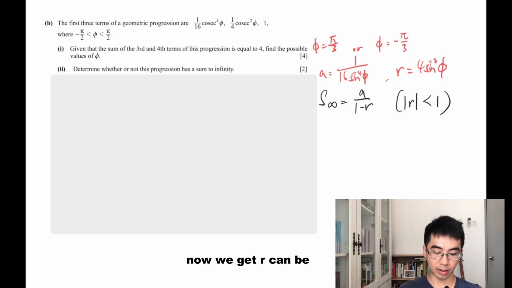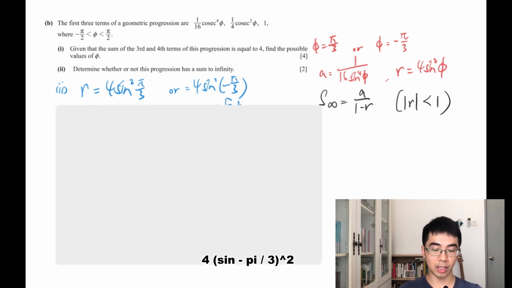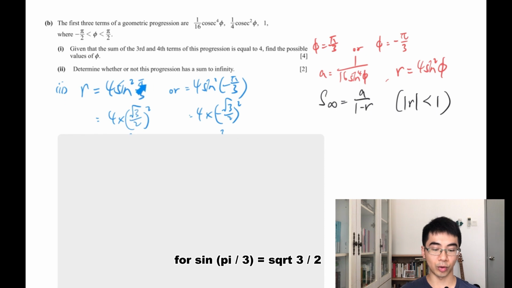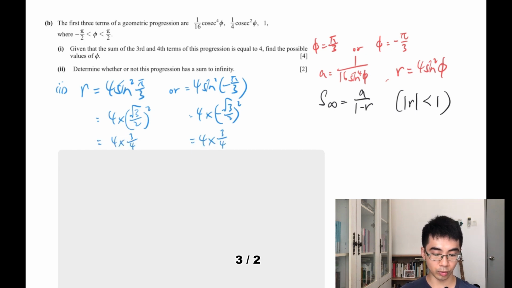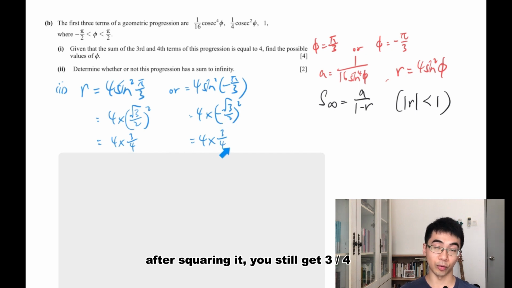Now we get r can be 4 sine square pi over 3 or 4 sine square negative pi over 3. For sine pi over 3, it is equal to square root 3 over 2, and squared, you will have 3 over 4. For sine negative pi over 3, you will have negative square root 3 over 2, but after squaring it, you still get 3 over 4.